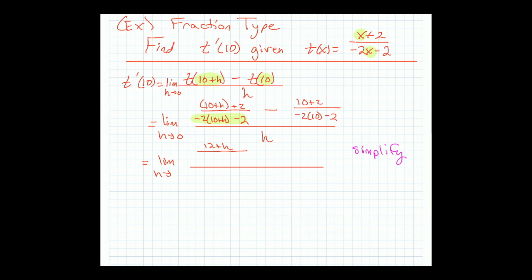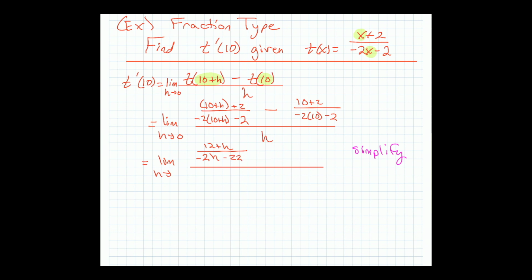Now in the denominator, you're going to have to multiply all this out. So the negative 2 times the h is negative 2h. Then you have the negative 2 times 10, which is negative 20, and then there's a negative 2. So negative 20 minus 2 is negative 22.